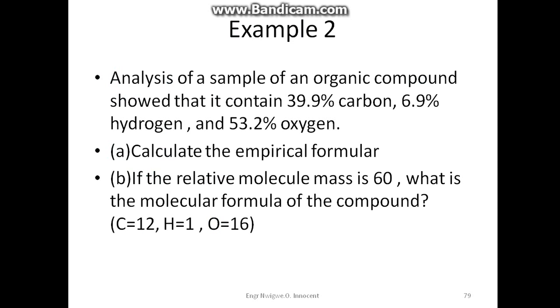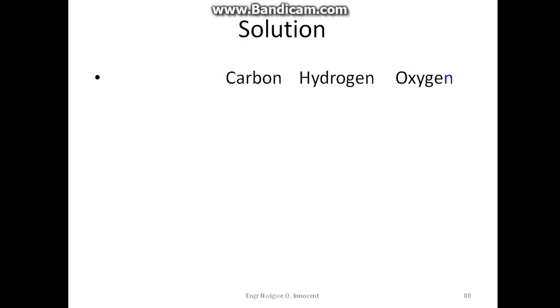Given that C is equal to 12, H is equal to 1, and oxygen is 16. Solution. Looking at the elements that make up the compound, we have carbon, hydrogen, and oxygen.